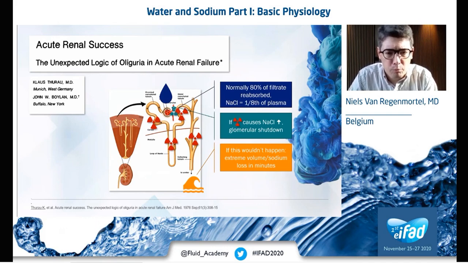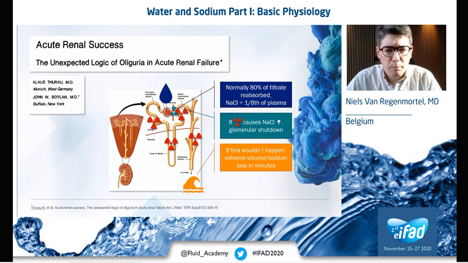So from the moment that we have a problem in this tubule, when we have acute tubular necrosis, for example, and the proximal tubule, the loop of Henle and the first part of the distal convoluted tubule will not do their job correctly, then the great risk is that we will lose this reabsorption, and we will lose in minutes an extreme amount of volume and sodium.